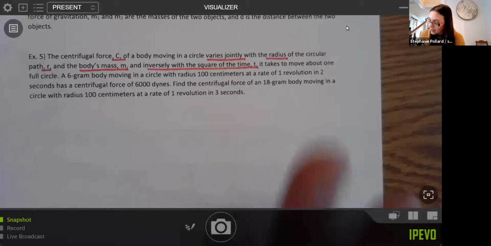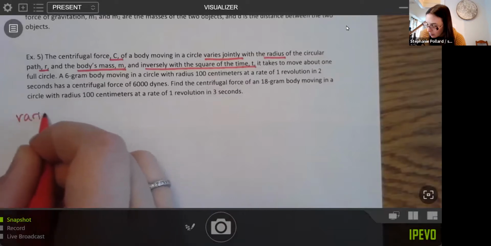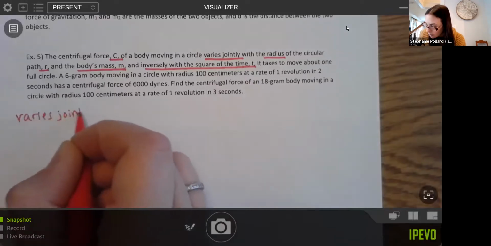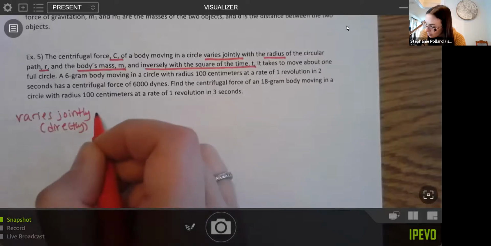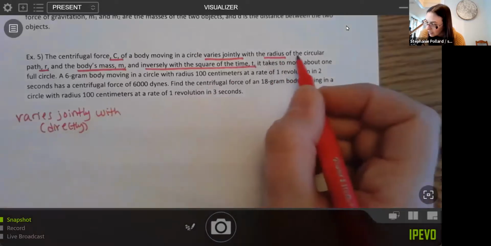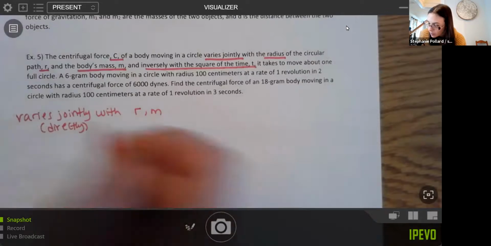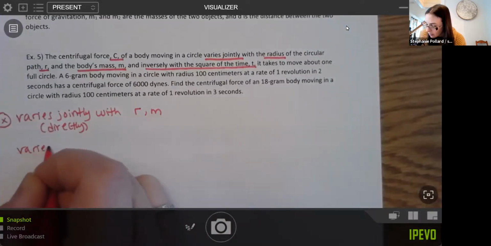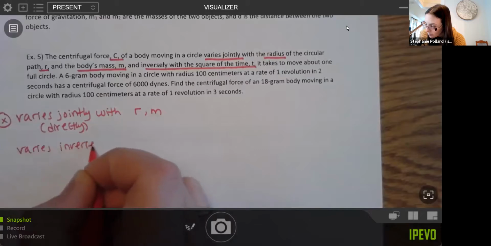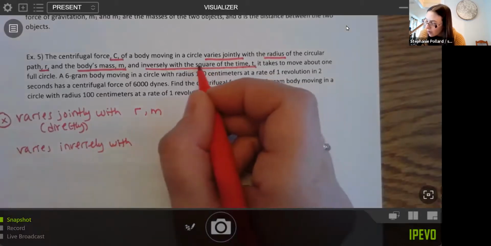All right, so let's get this set up. I see that I have varies jointly. That's just another way to say directly with two variables, the radius r and the mass. So these are things that get multiplied. And I see that it varies inversely with the square of time.